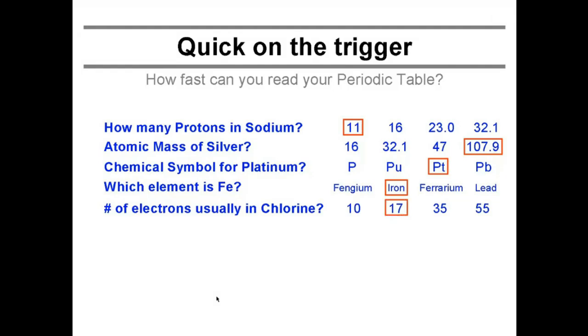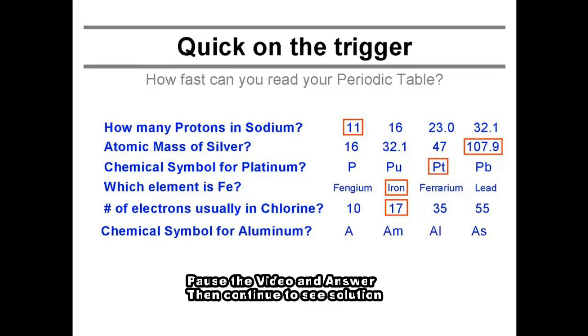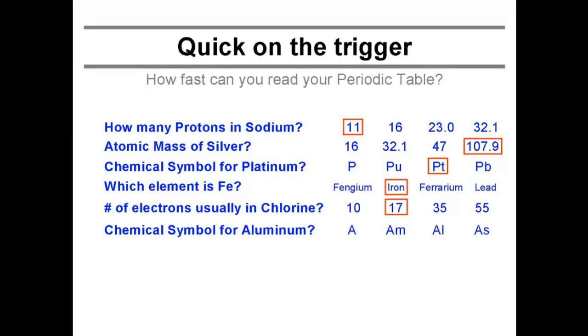And if you picked 17, you're absolutely right. That is the electrons, which are usually the same as the protons in an element. If you picked, let's see, Al, absolutely right.